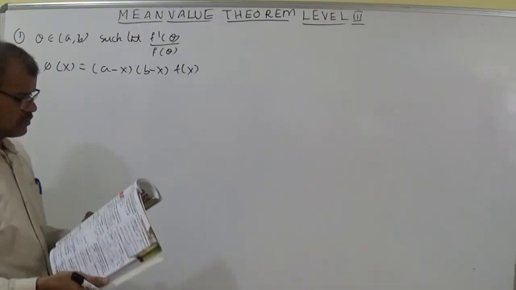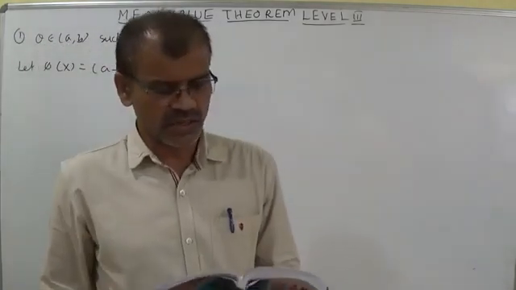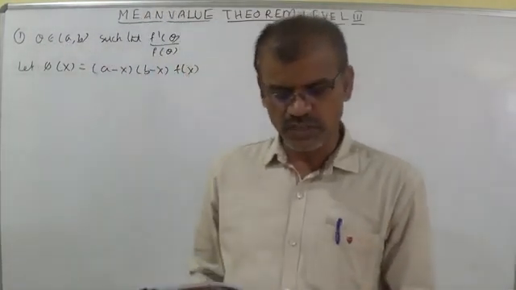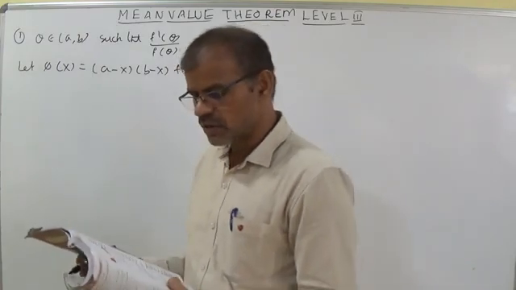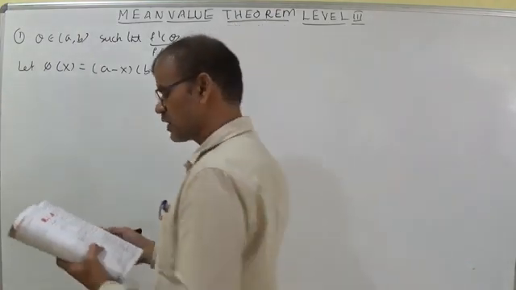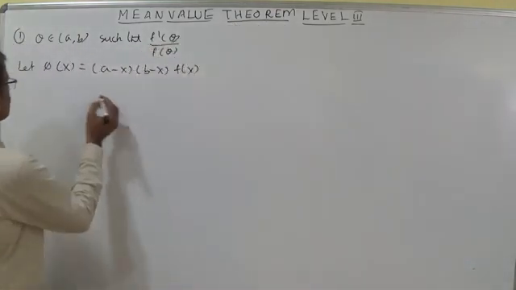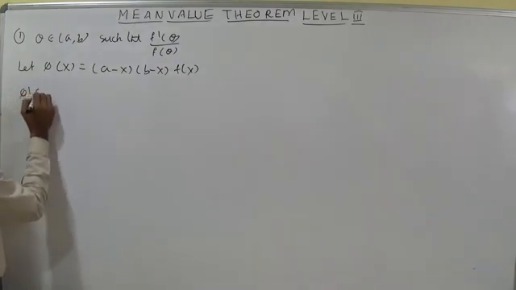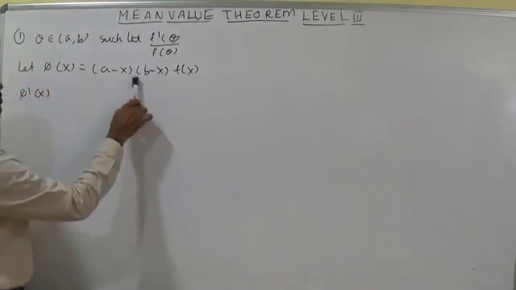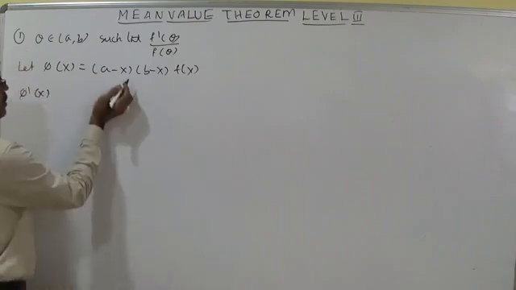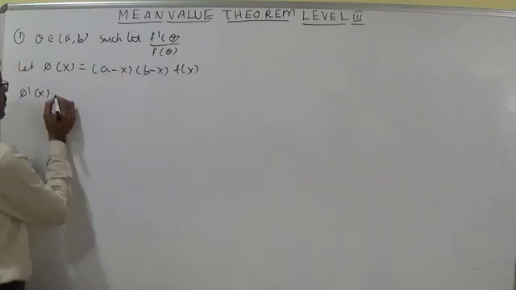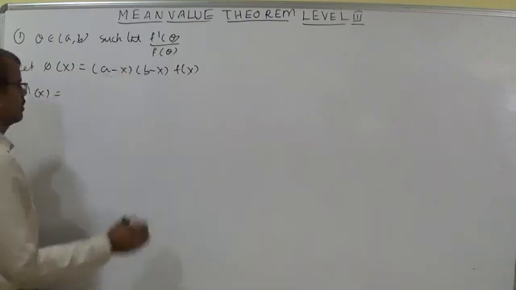According to Rolle's theorem or Lagrange's theorem, f of x is continuous and differentiable as given, and we should calculate f dash theta by f of theta. Okay, let us try Rolle's theorem. Phi dash x I am doing. This is u v w, derivative is u dash v w plus u v dash w plus u v w dash.